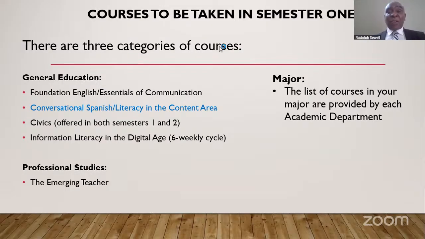What we do at Mico is to guide you. We give you a template because you have what you call prerequisites. In order to do C, you must have done B. In order to do B, you must have done A. We want to ensure that you graduate within the period. And so we have a fairly rigid structure. So don't just go and say, okay, I like that course and I'm going to pick it. No.